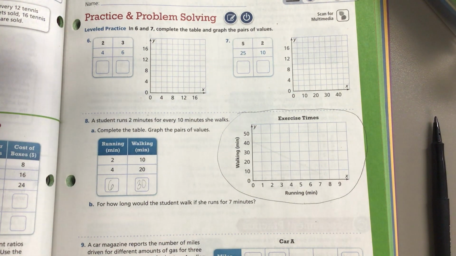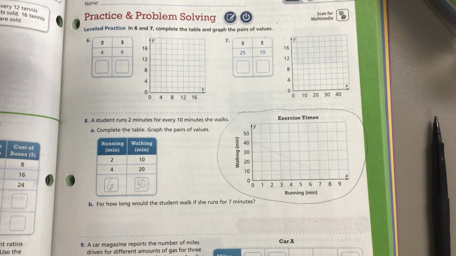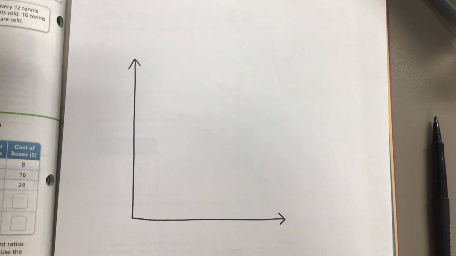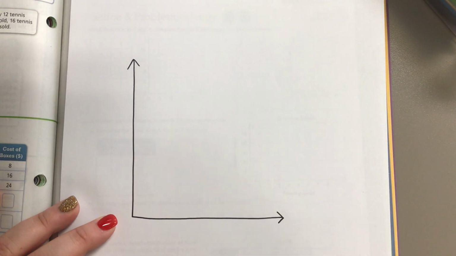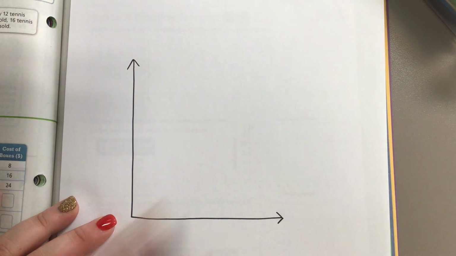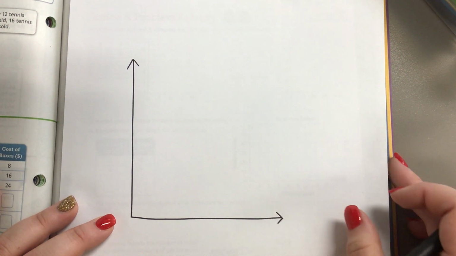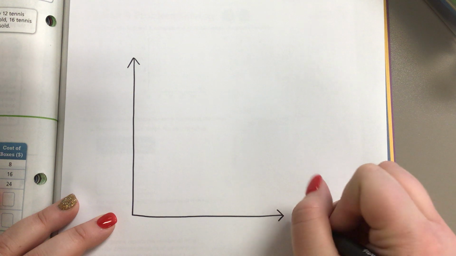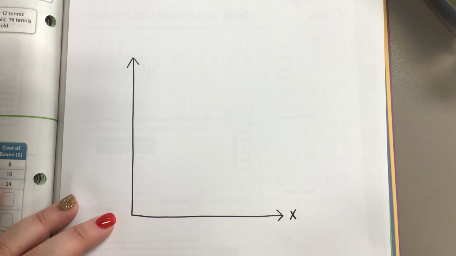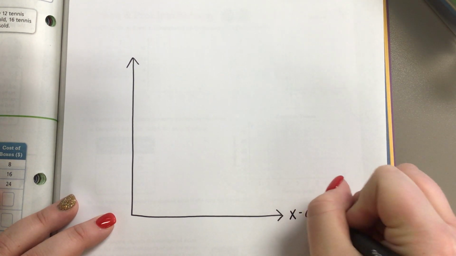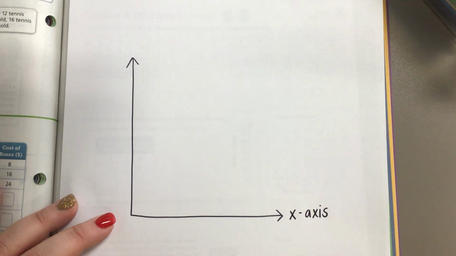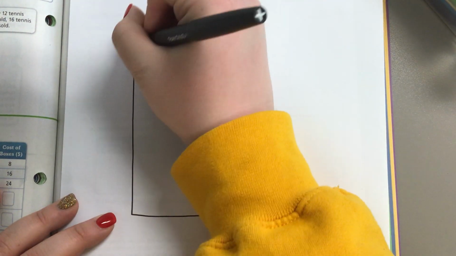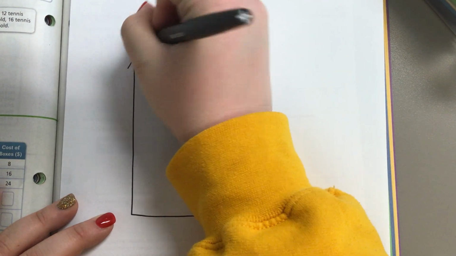After you've made the table, found the equivalent ratios and compared them, you are going to graph them. This is just a rough draft of a graph. I wanted to remind you that this horizontal axis is the x-axis. The x-axis goes side to side, left and right. The vertical one is the y-axis.